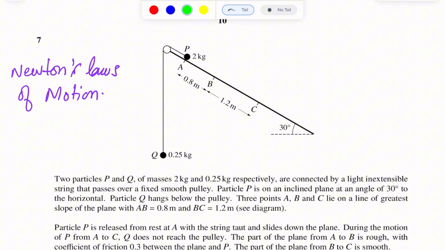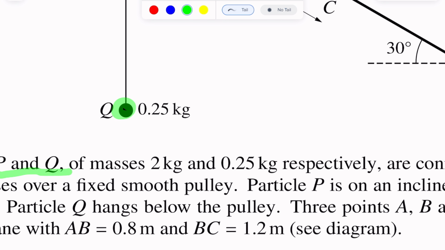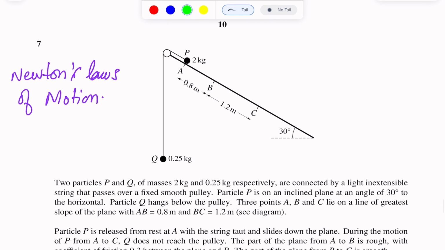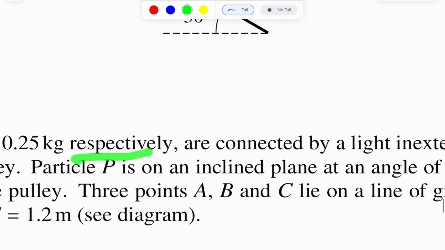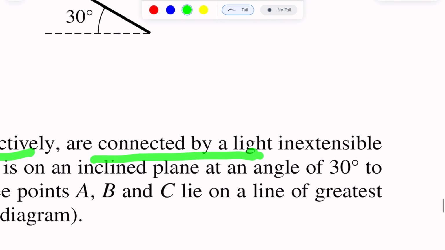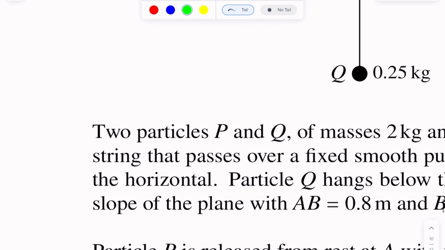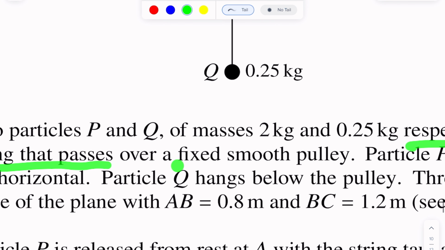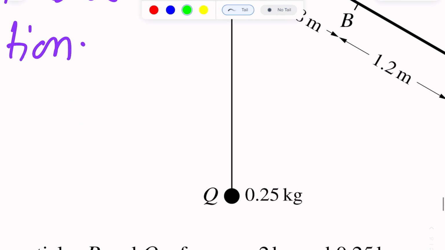Inclined plane motion. Two particles P and Q of masses 2 kg and 0.25 kg respectively are connected by a light inextensible string that passes over a fixed smooth pulley.